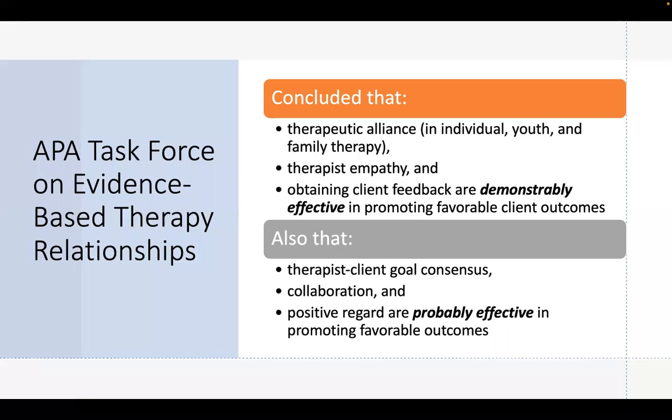And again, favorable client outcomes, as we've discussed today, is really, are they achieving the goals that they set out for in therapy? So favorable client outcomes essentially varies from client to client.